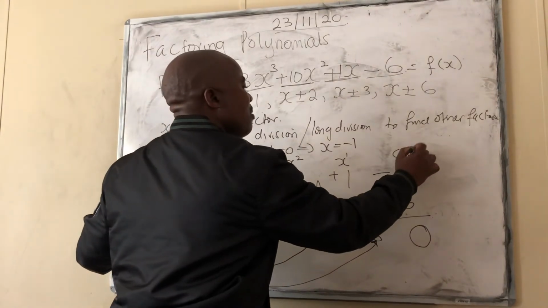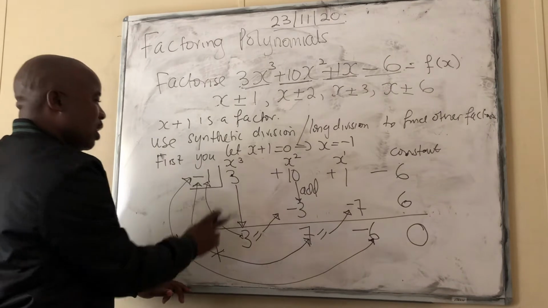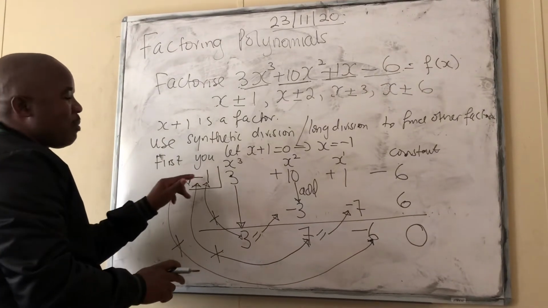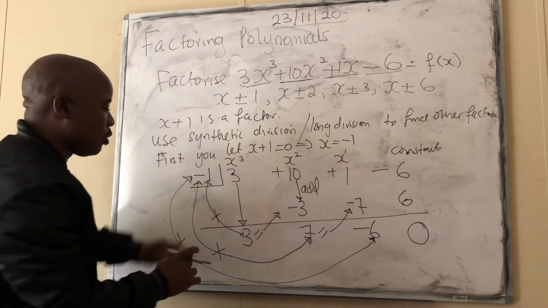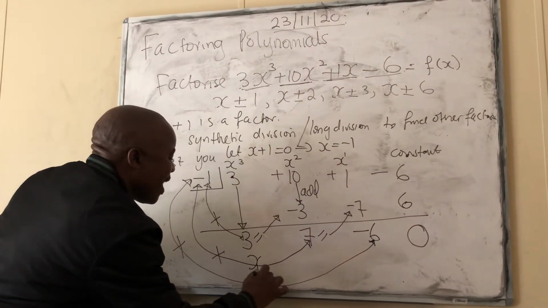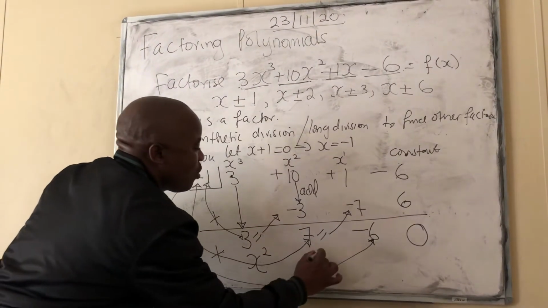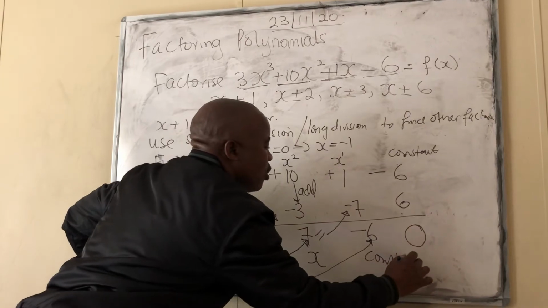Same applies to the ones below. Because we have divided by x plus 1, the power of x will be reduced. So 3 is the coefficient of x squared. This one is x, and this one is the constant.